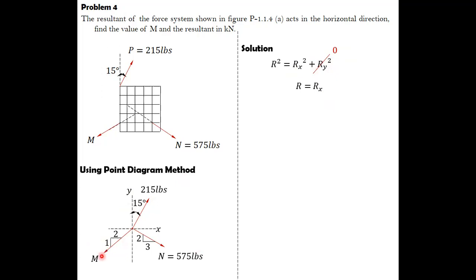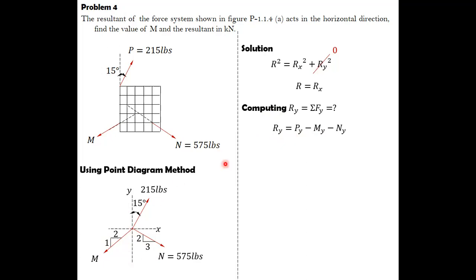The y component of M is negative because it is acting downward. The y component of N is also negative because it is acting downward. So in terms of equation, it becomes like this. Take note that this is equivalent to 0, so we will substitute it later. Let us focus first on the values of the three terms on the right side.